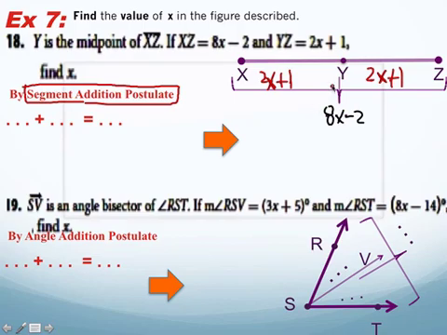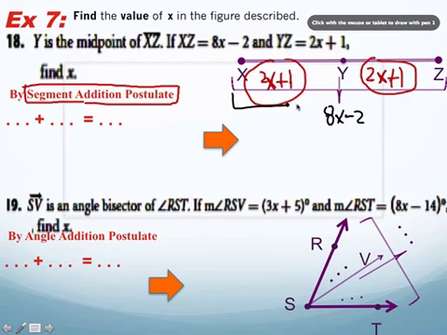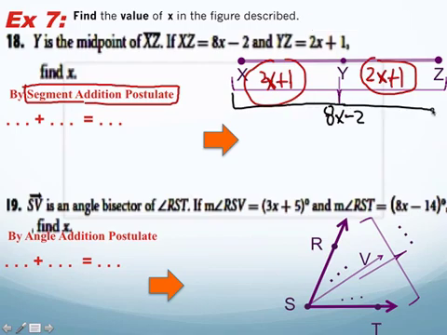What you normally need to do is add things together. Would you agree? According to the segment addition postulate, the sum of the pieces equals the total piece. So you kind of have to remember that. That concept will be applied in many, many different situations. The sum of the pieces should total to the entire piece. Agree?